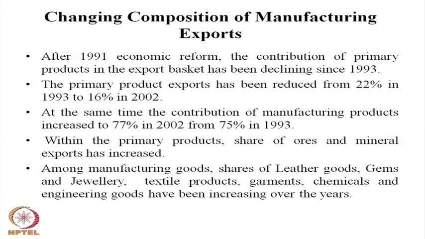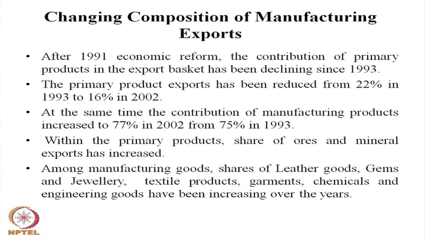So, after the 1991 economic liberalization, what have we achieved? The contribution of primary product in the export basket has been declining. The primary product export has reduced from 22% in 93 to 16% in 2002. At the same time, the contribution of manufacturing product increased from 77% in 93 to a higher share in 2002, and within the primary product the share of ores and minerals has been increasing.